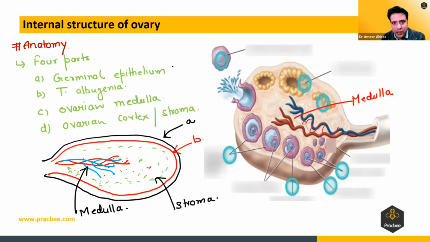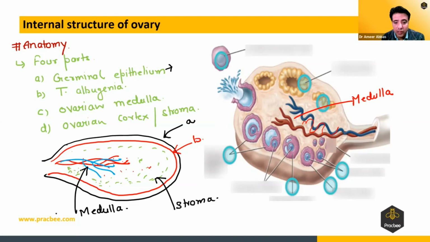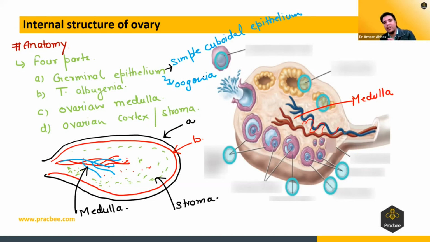So this germinal epithelium is composed of, remember this, simple cuboidal epithelium. So this germinal epithelium will give rise to oogonia, that on further division will become ova.